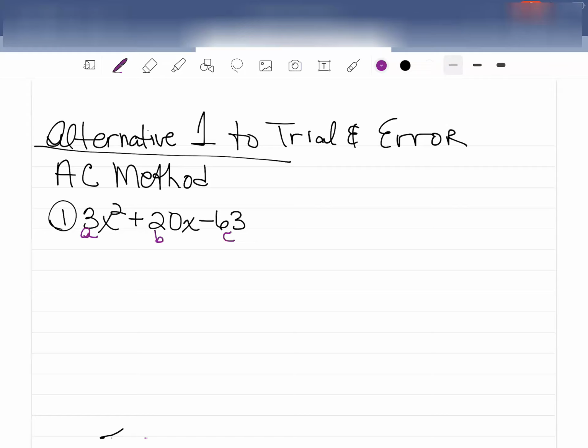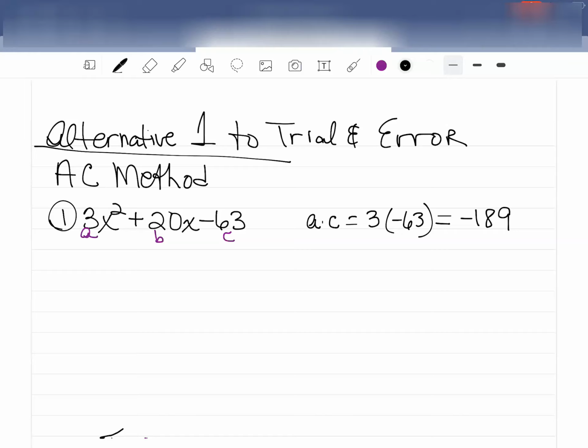In front of the x squared, that's the coefficient that we call a, and the constant by itself is what we call c. In the AC method, the first step that you're going to do is multiply the a times the c. So 3 times a negative 63 is a negative 189.